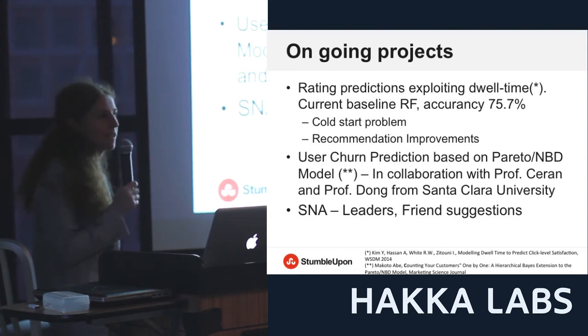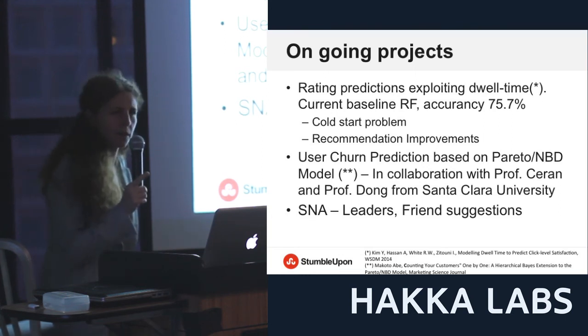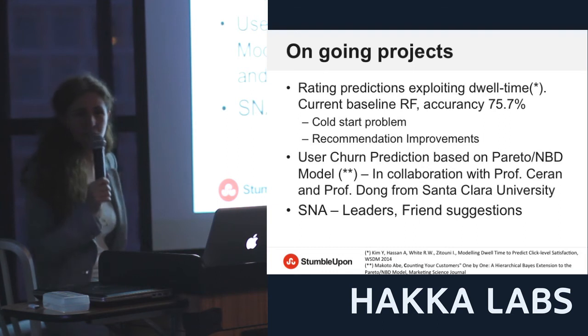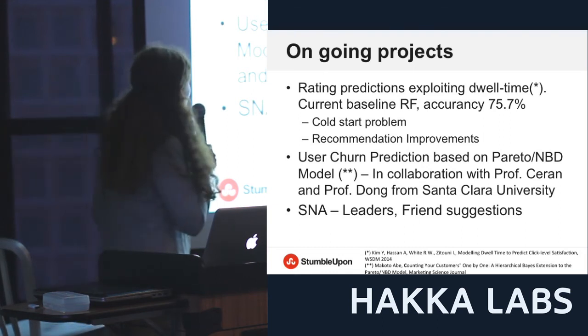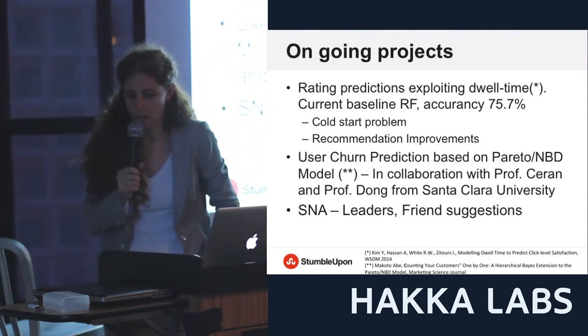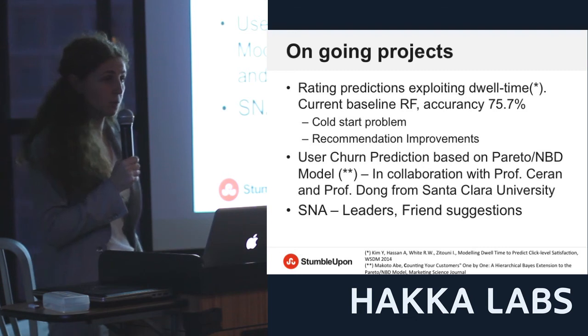So we actually have the ability to say, are you deploying this? I'm not going to give you any support. You have two other models, two other algorithms to deploy. But we're doing some cool work. The first work, we are trying to use dual time to predict ratings.